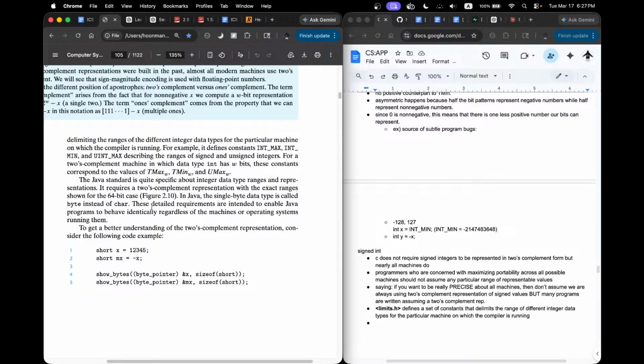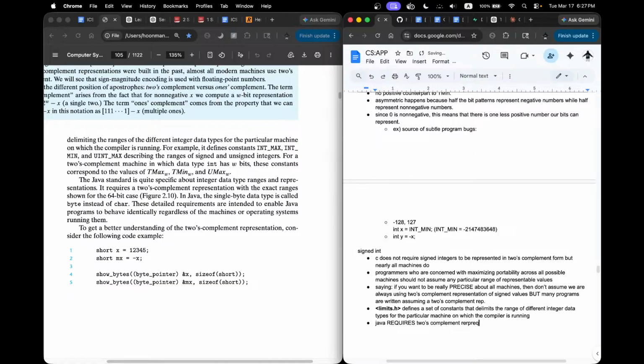These detailed requirements are intended to enable Java programs to behave identically regardless of the machines. Okay, so Java requires 2's complement representation.